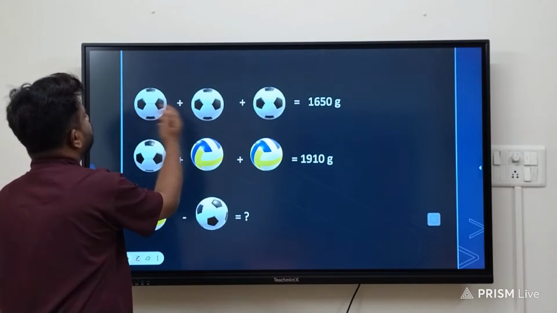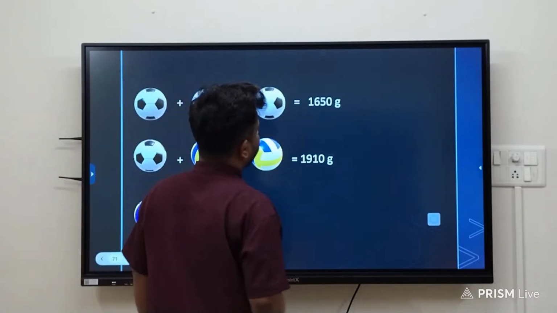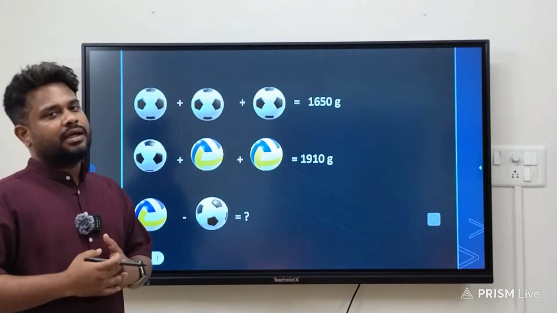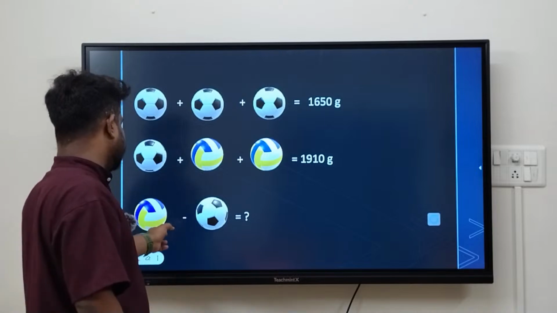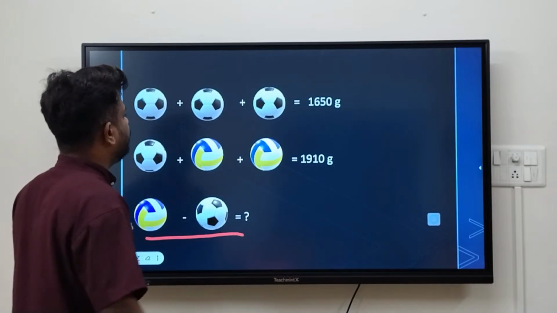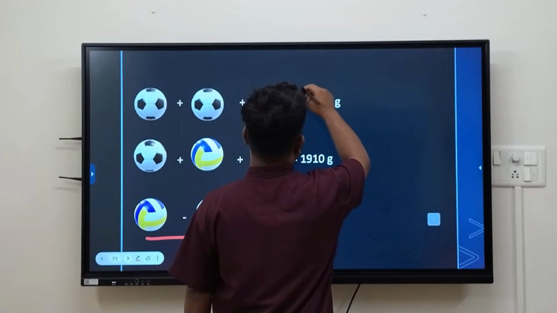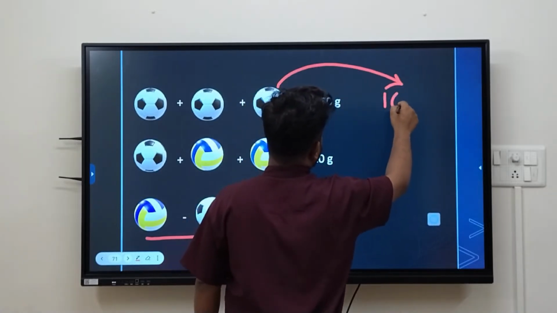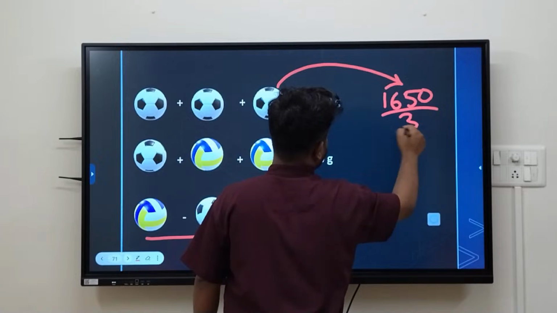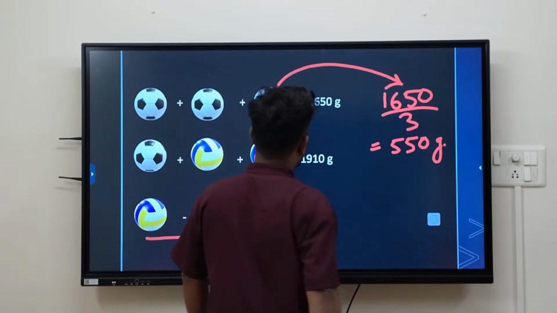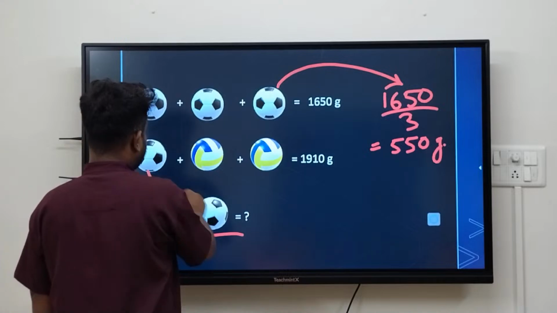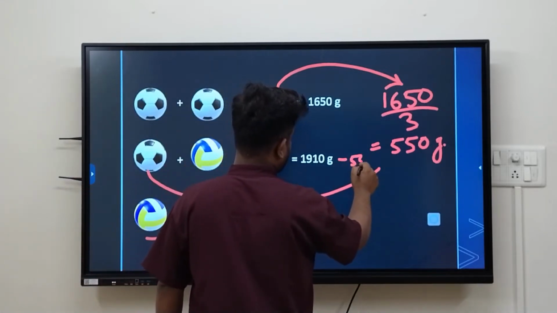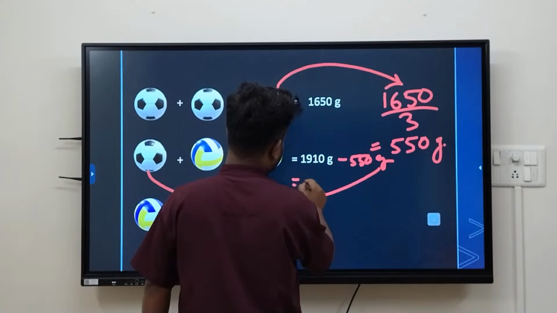If 3 footballs weigh 1650 grams, then what will be each ball's weight? Okay, so each ball will weigh 1650 by 3, 550 grams. Okay, so if one ball is 550 grams, then we have to subtract 550 grams from this one.